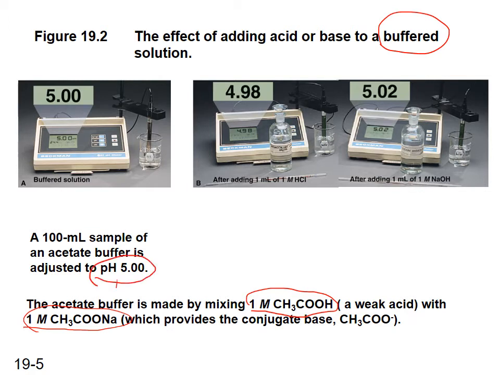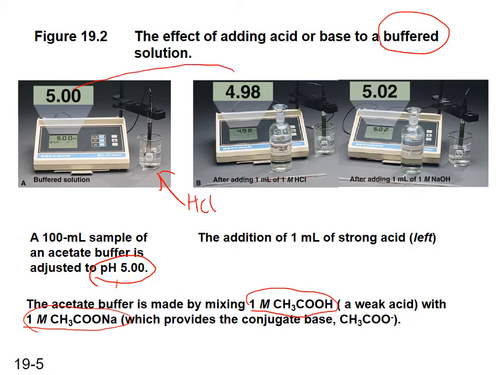So pH is the same as the one we made in the last slide, but this time the solution is a buffer solution. If we add hydrochloric acid into this buffer solution, what do you expect to see? The pH value changes very little, from 5 to 4.98.